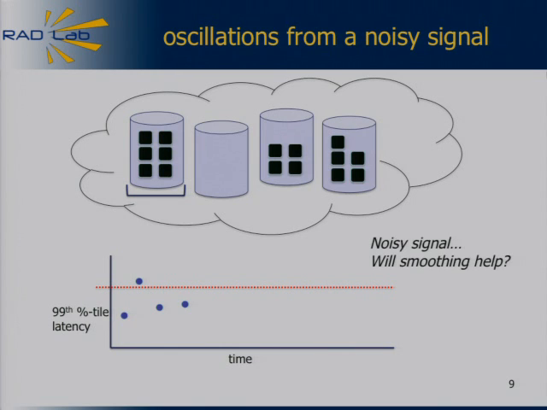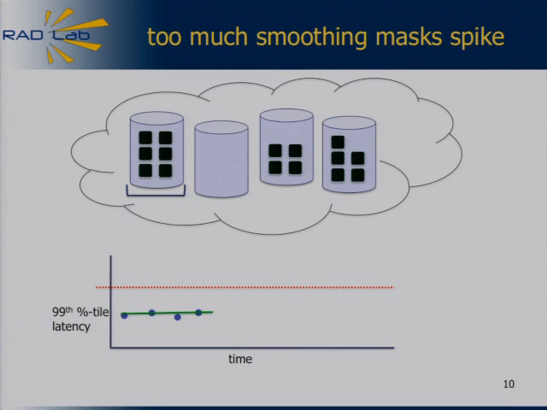So one approach to dealing with noisy signals is just to smooth it over time. So let's try that approach. Here we have the same set of nodes, and we're looking again at the node on the left. We have a couple observations of the 99th percentile, and I'll use the green line to represent the smoothed version of those observations. Right now our server's doing fine.